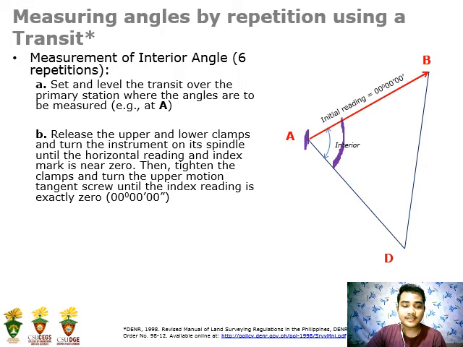Turn the instrument on its spindle until the horizontal reading and index is marked near 0°00'. Then tighten the clamps and turn the upper motion tangent screw until the index reading is exactly 0°00'.